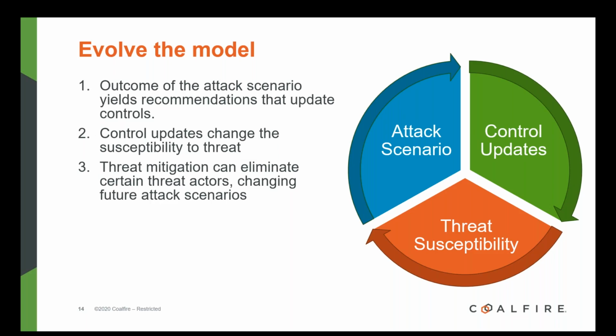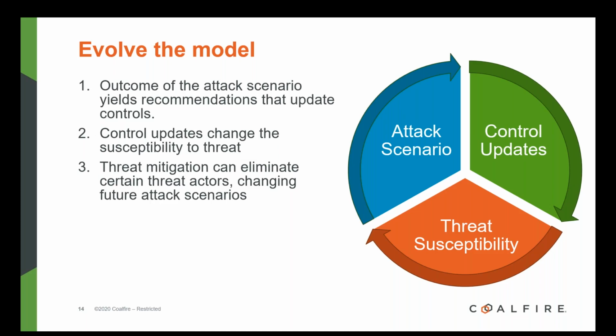Well, that control is going to be updated. Your blue boxes are going to be updated as well, and you may find that you have another green box, another thing that you can identify within the existing attack path. Conversely, that attack scenario might identify that you have blue boxes where you didn't think you had them, based on controls that weren't efficiently enumerated, and that may change an organization's susceptibility to threat.